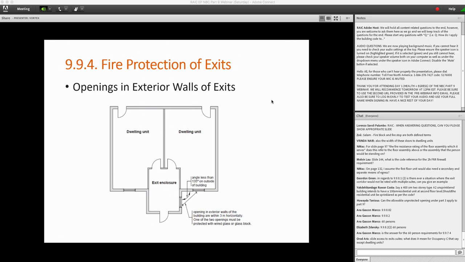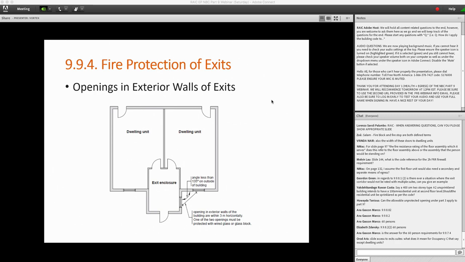Now, when you have an occupant load of more than 60 people, then when you read NBC 9.9.8.2 sentence 2, it talks about having 2 exits where the occupant load served by an exit facility exceeds 60 persons. So I believe that answers the question.